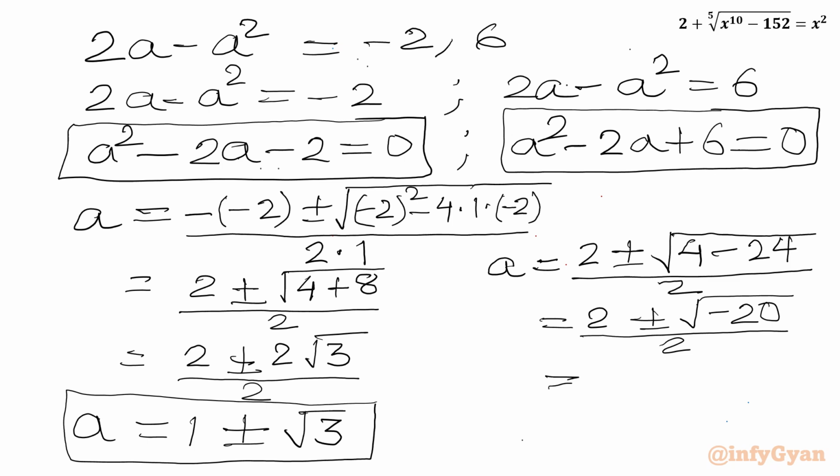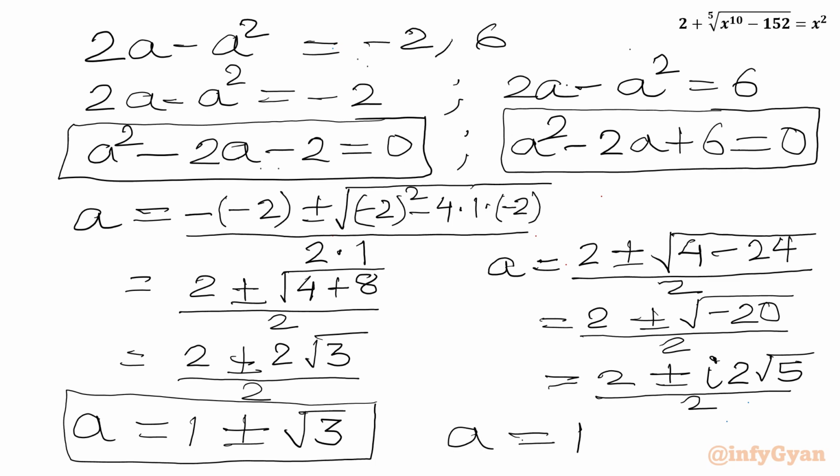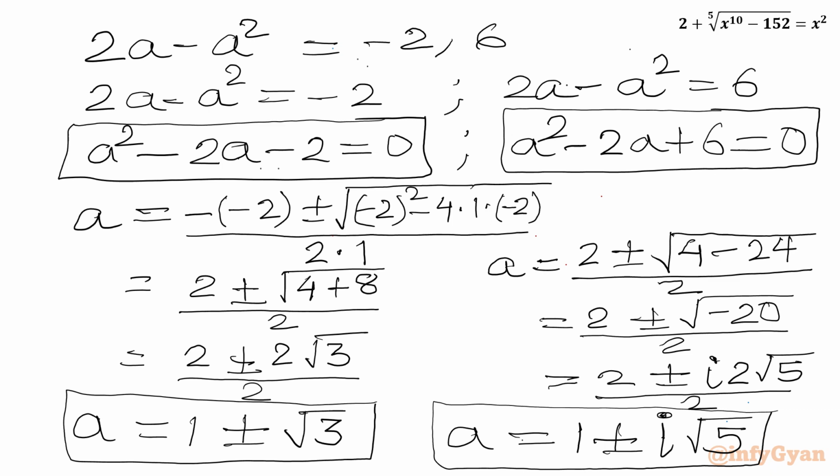The square root of minus 1 is the complex number i. We can write 2 plus minus i times the square root 20. So we can write 4 times 5. So we will be writing 2 root 5 over 2, or we will write A equal to 1 plus minus i square root 5. We are getting complex solutions. So we can reject this solution as we are looking for real ones.